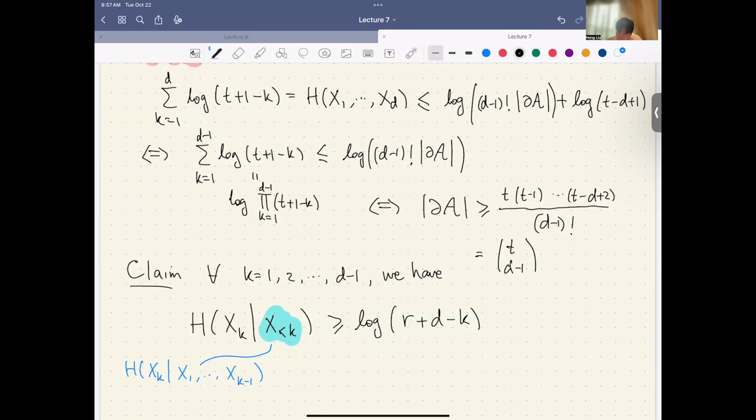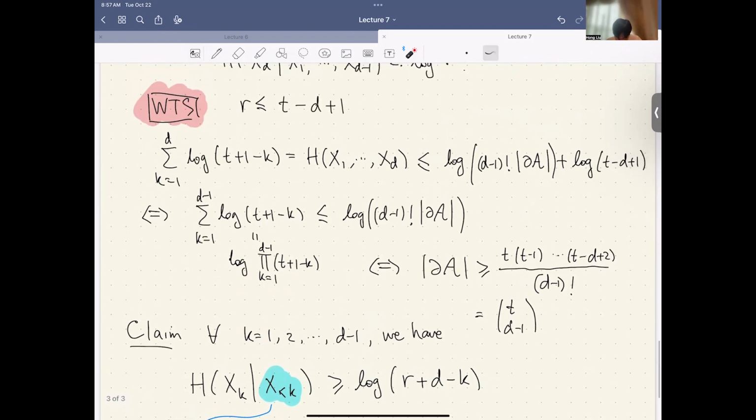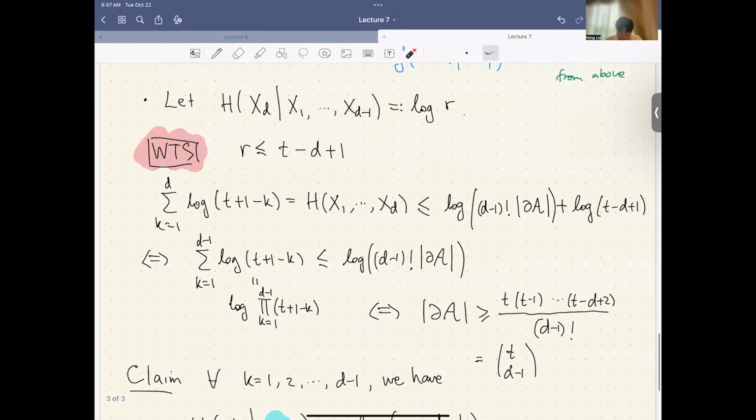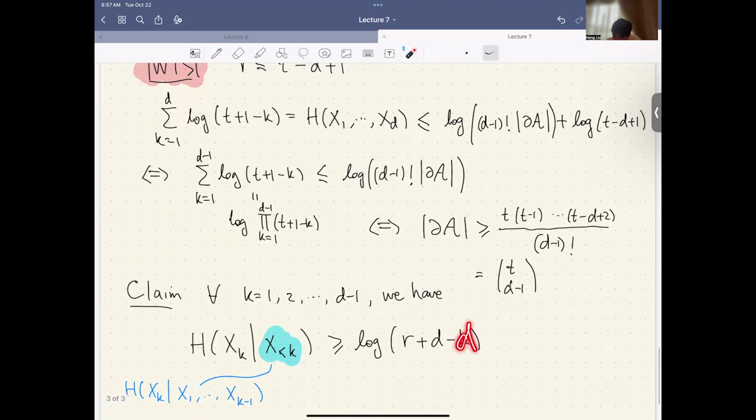For k equals d, this is what we define: xd given all the smaller ones, which is log r, right? So we want to prove that all these xk conditional on all the previous bits are slowly getting larger when k is decreasing.